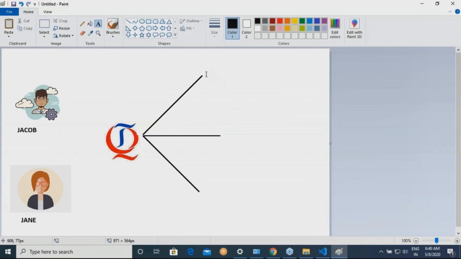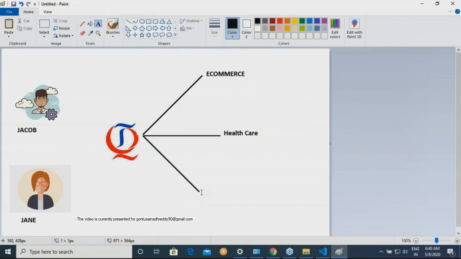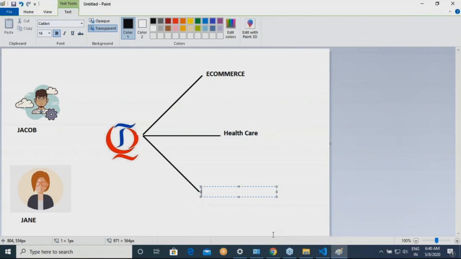So this business division is e-commerce. Healthcare. Okay. And fintech.